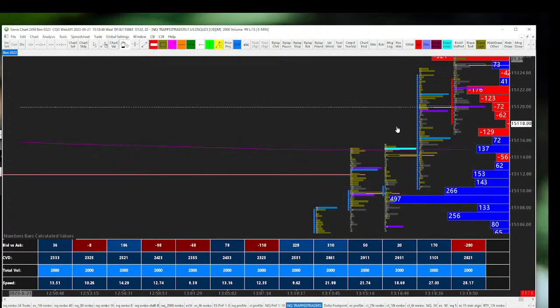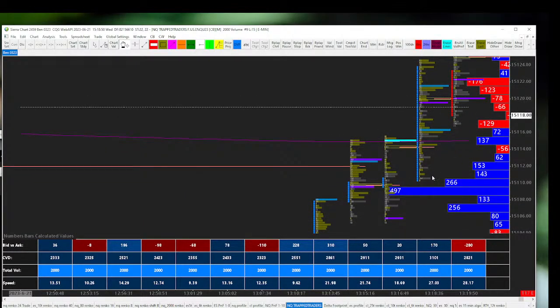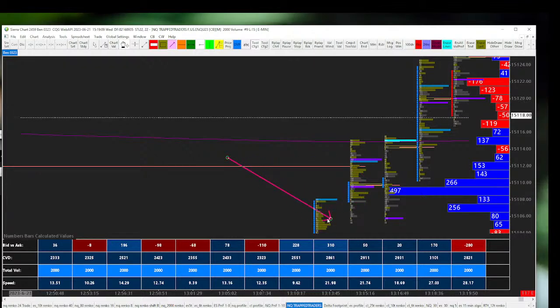See that? But look at the lows. Very low volume. Well, average compared to what happened before. But what I see on the footprint is that at this level, the first time they came up here, there was a significant amount of delta compared to lower.